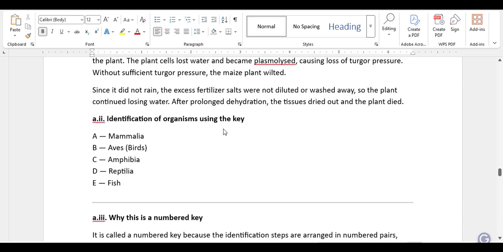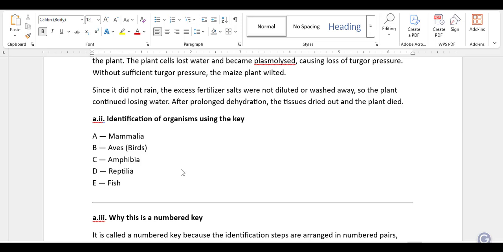Then 4A, identification of organisms using the key. The organisms are: A, mammalia; B, aves or birds; C, amphibia; D, reptilia; then E, fish.